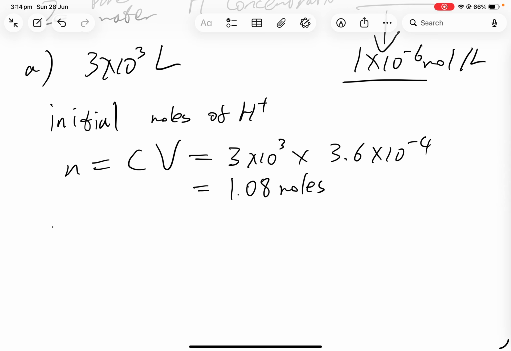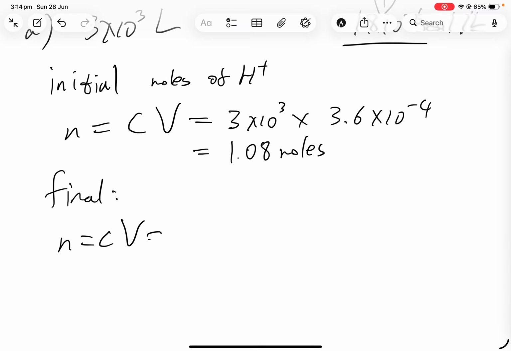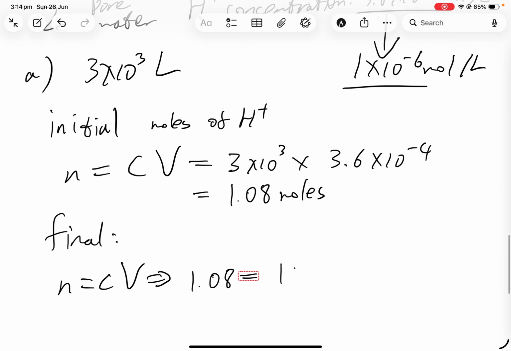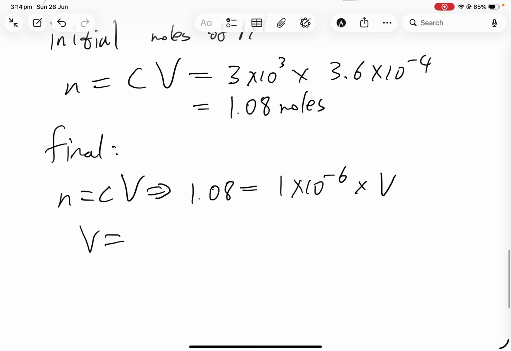So for the final, n equals concentration times volume again, but this time 1.08 equals the concentration that we want, 1 times 10 to the -6, times V. So the volume will equal 1.08 divided by 10 to the power -6, which equals 1,080,000 liters. And that's a lot of liters.